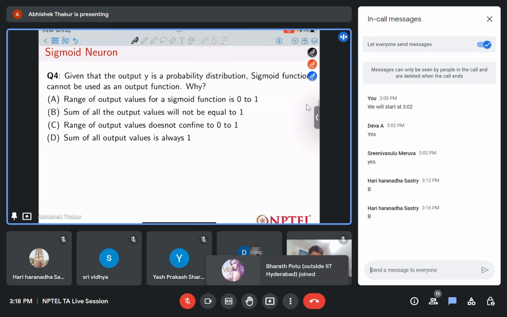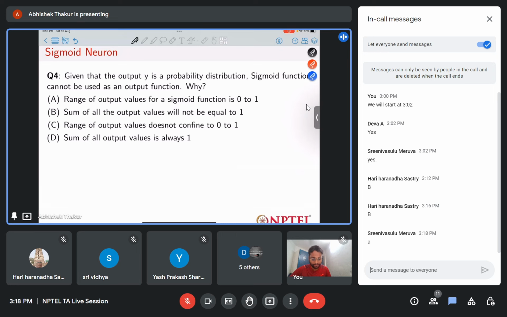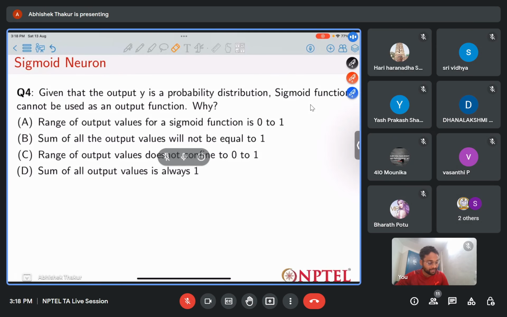Can you answer question number 4? It is given that output y is a probability distribution. A probability distribution means the value of y will be from 0 to 1, and also the summation of all the outputs should be 1.